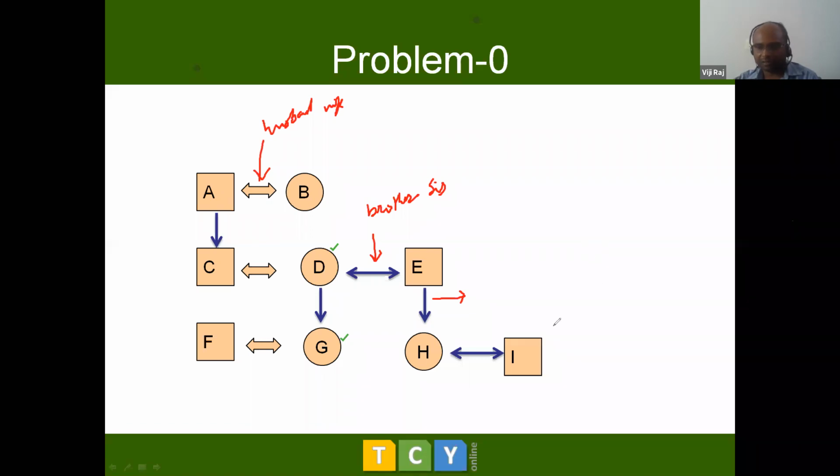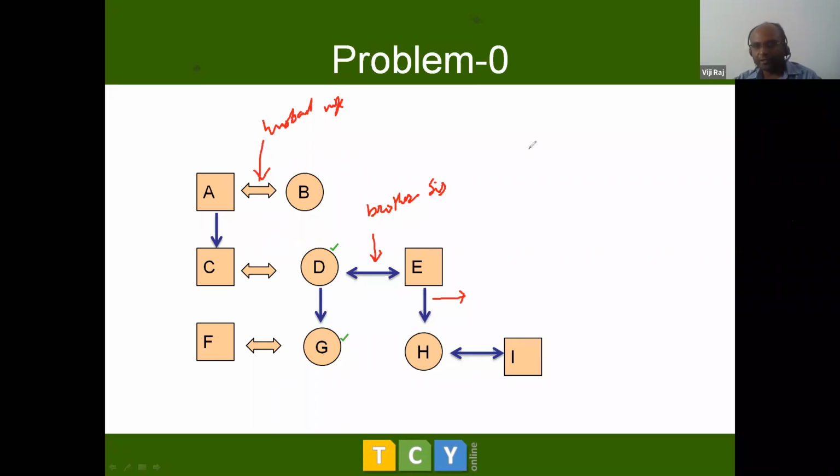Paternal aunt is the correct answer, because we know that E is the father of H, right? And H is the sister of I, so E should also be the father of I. And D is the sister of E, so it is simply I's father's sister. So it is paternal aunt.